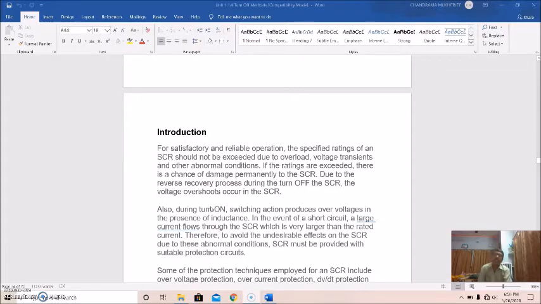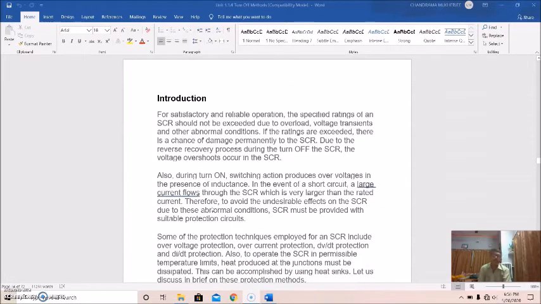Now, why is it required? If proper rating and specification is not selected for a particular application of SCR, and the SCR exceeds its ratings, then faults may arise due to overload or voltage transients or any abnormal conditions.